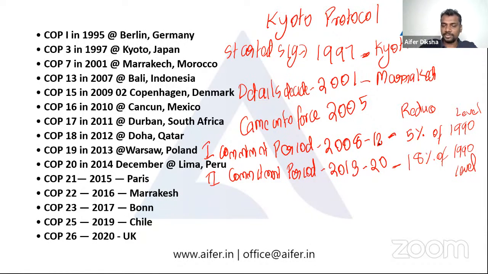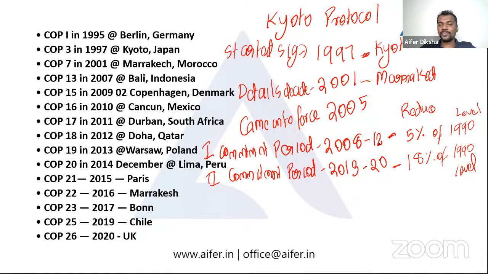By what year? That is of no importance, because the first commitment period is from 2008 to 12. So by 2012, as part of the first commitment period, the countries have to reduce their greenhouse gas emissions by 5% of the 1990 level. And in the second commitment period, they have to reduce by 18% of the 1990 level.